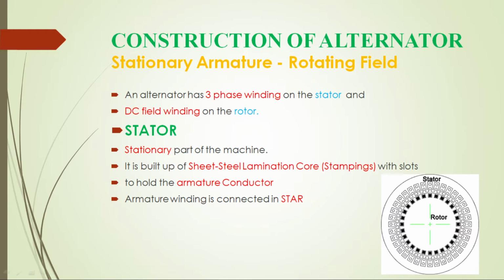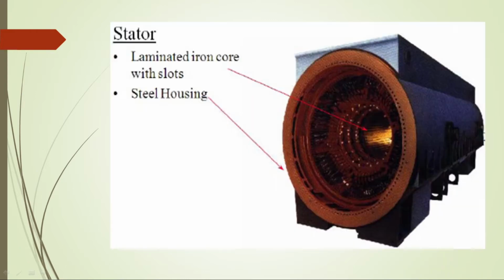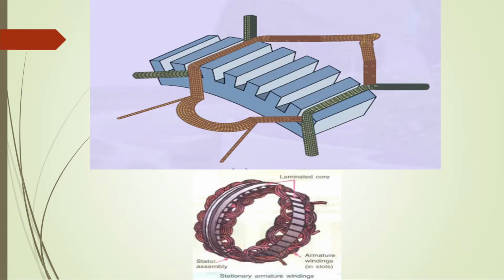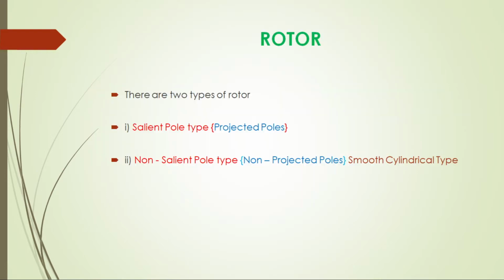Because it is slotted to hold the armature conductors, the armature winding can be connected in star or delta. This is the stator having a laminated iron core with slots, and coils will be placed inside the slots and bent to form the armature winding. This is the stationary armature winding diagram I am showing here.